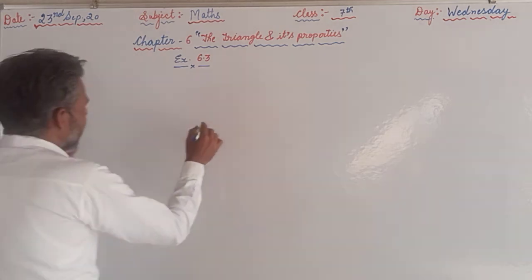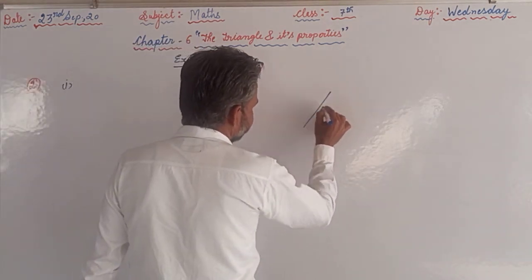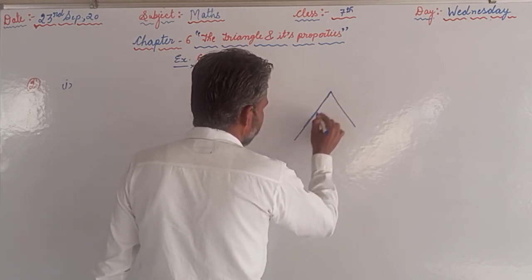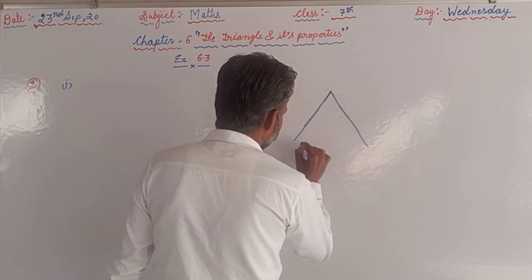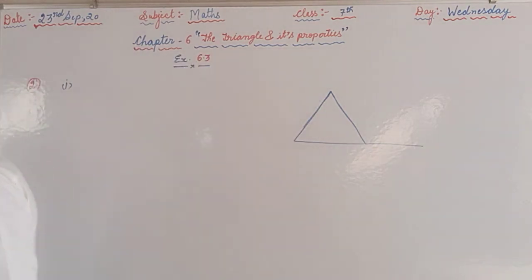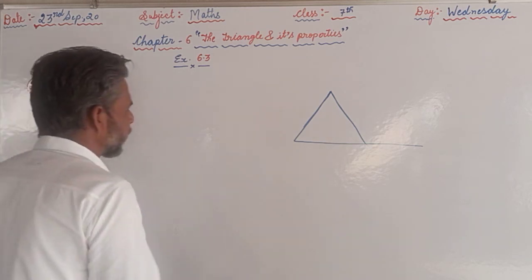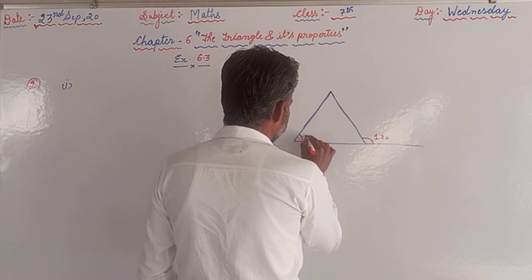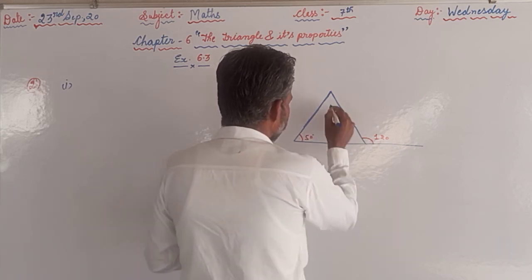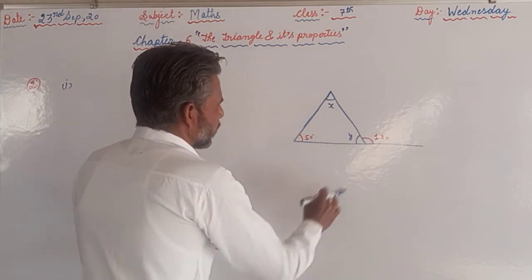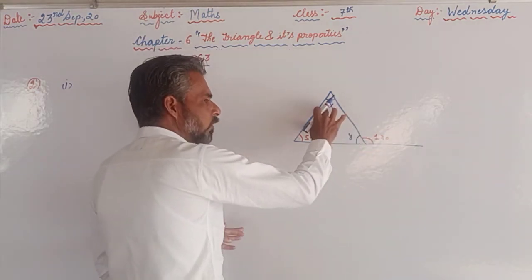First part, in which the diagram is given like this, and the exterior angle is given 120 degrees, and this is given 50 degrees, and that is x and that is y. So this is the exterior angle and these are the opposite interior angles.